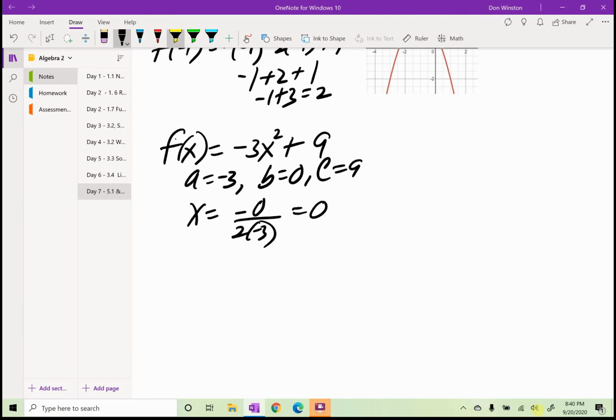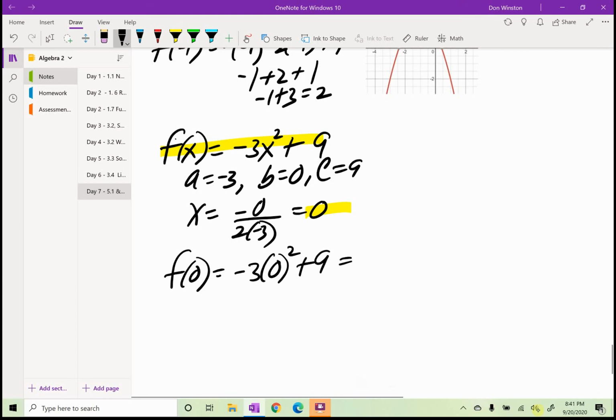I have to take that value and substitute it into my equation to find the y value. So f of 0 equals negative 3 times 0 squared plus 9. That will equal 9. My vertex then will be 0, 9.